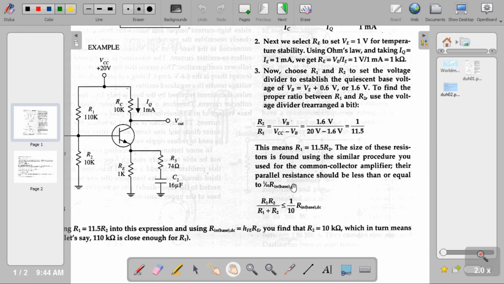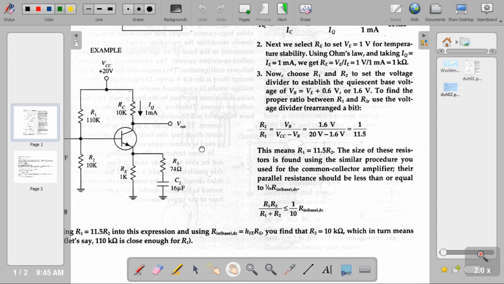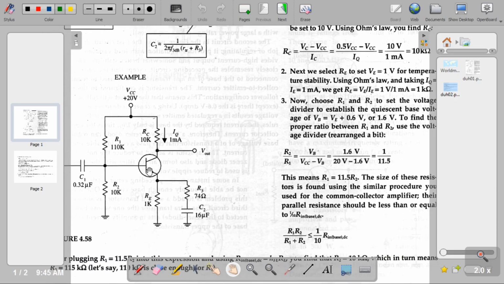What he's saying is that R1 in parallel with R2 should be much less than the resistance looking into the base of the transistor. The DC resistance looking into the base, going this way.